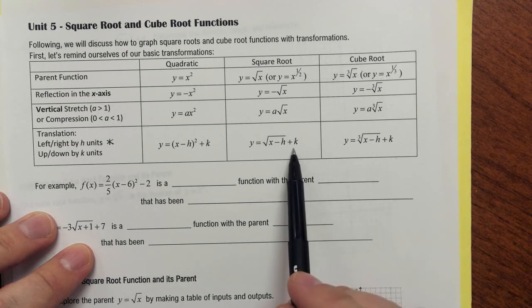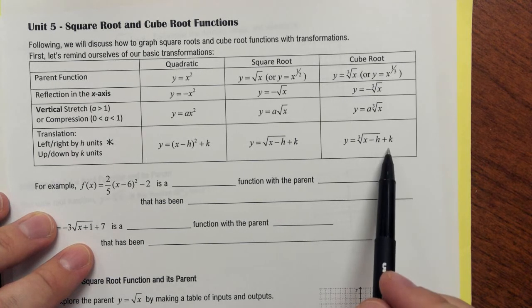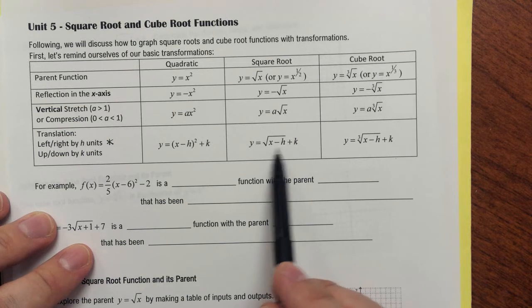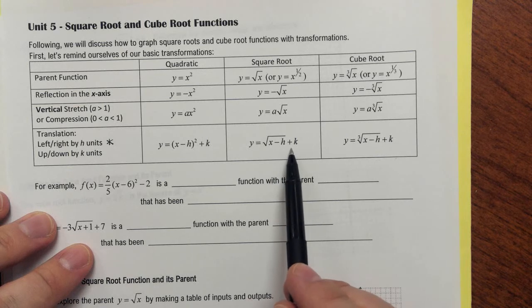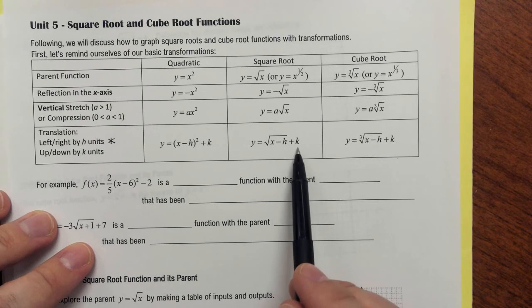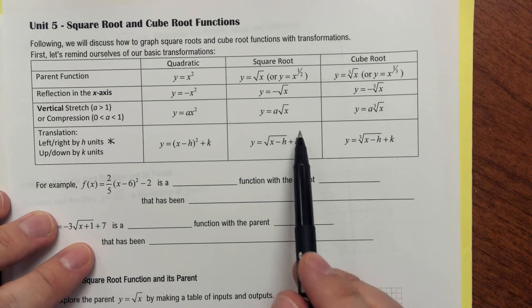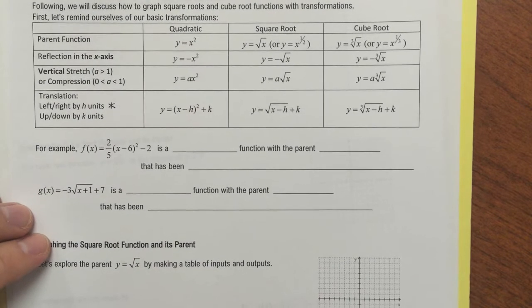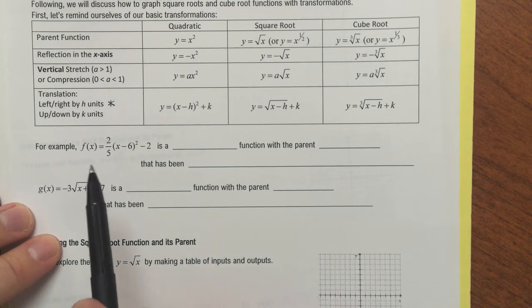To translate up or down, I will add or subtract something at the end. And again, the same rule applies. Horizontal translation, that sign will be opposite, whereas a vertical translation, the sign is exactly what you expect. So if I saw a plus 5 down here, that would in fact mean 5 up, 5 in the y direction. So to be more specific, here's a couple examples.